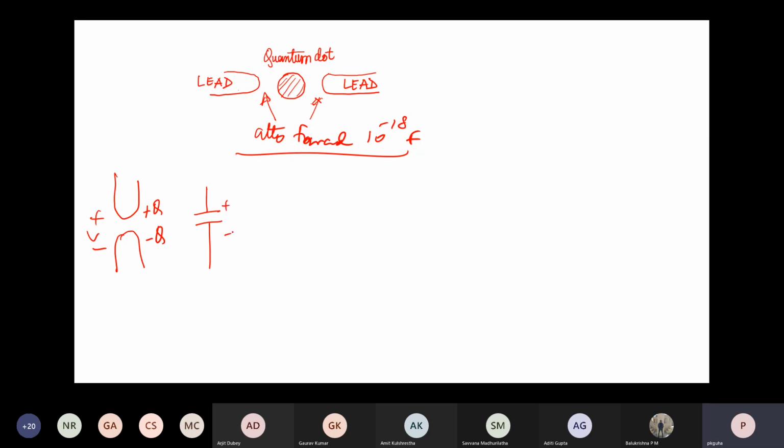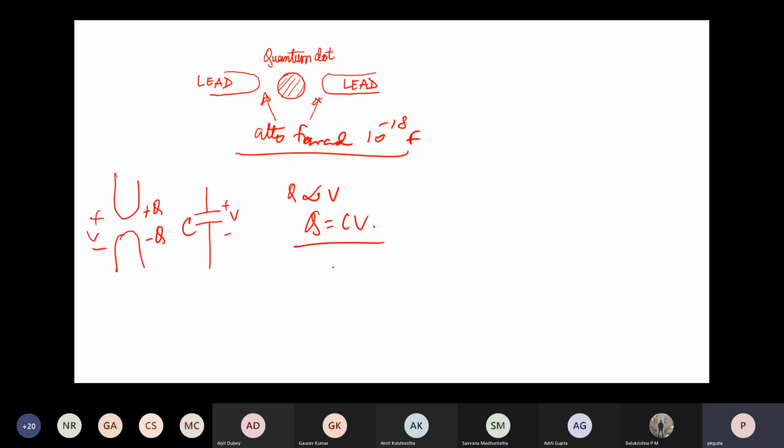Two conductors separated by an insulator. In that case, the charge and voltage are proportional, we know, right? Q is proportional to V. Q is equal to C into V.